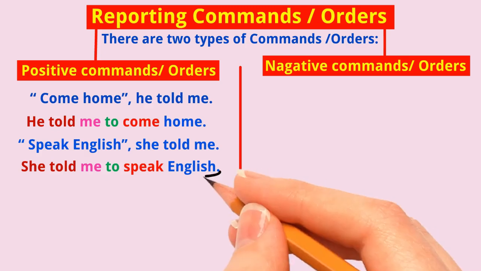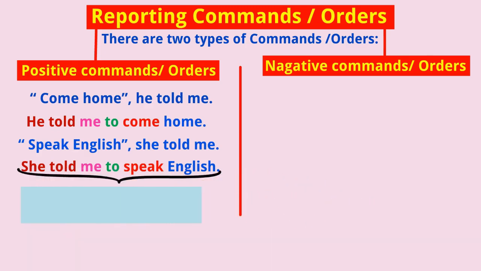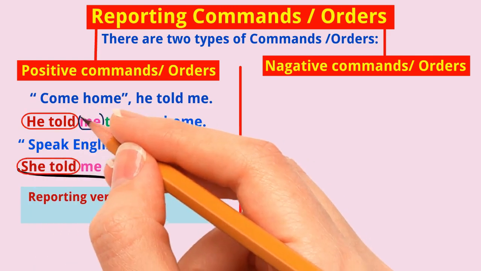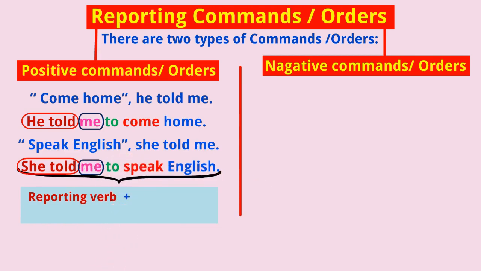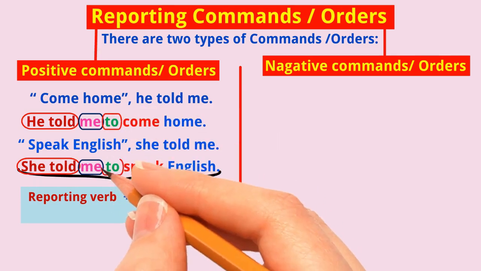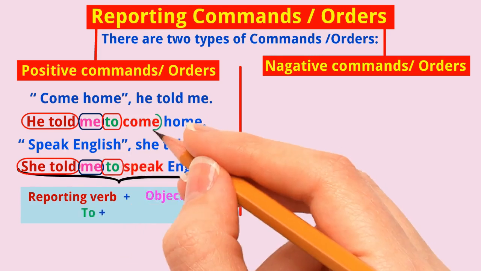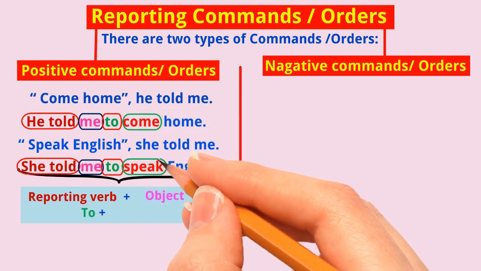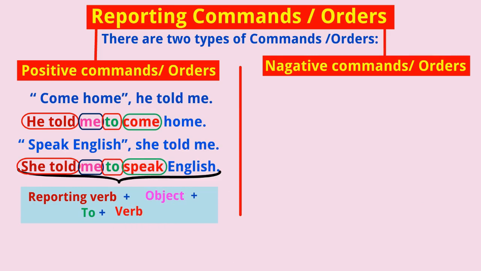Let's get the rule of positive commands from these two examples. We have he told and she told, which are reporting verbs, and here we have me, which is an object, and here we have to, and then we have come and speak, verbs. So the rule of positive commands is reporting verb plus object plus to plus verb in the infinitive.